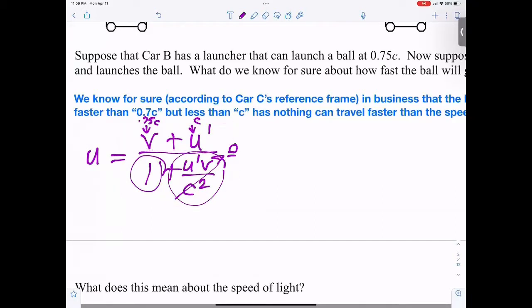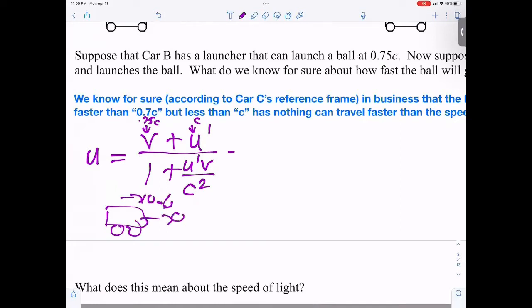If we had a car moving forward at a speed of 10 meters per second and it launches a ball with a speed of 5 meters per second, the relative velocity addition would be 15 meters per second, because those are very low speeds. But when we're talking relativistic speeds, approaching the speed of light, they're much, much faster.